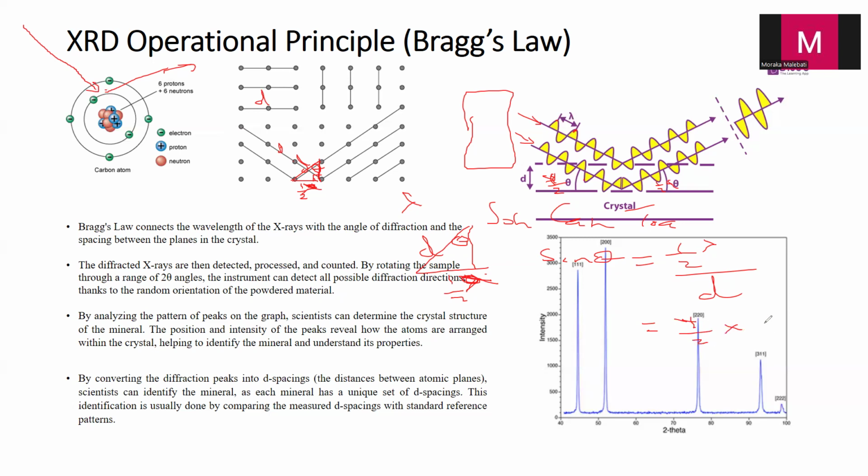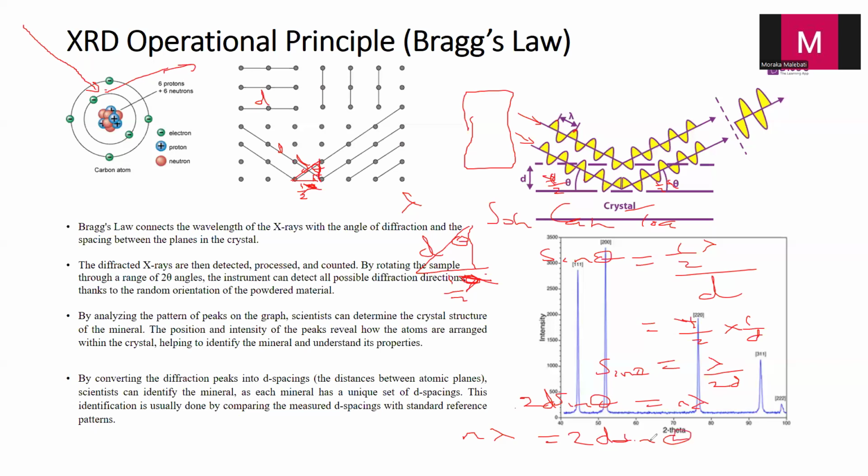If you multiply both sides by 2d, you end up with 2d sine theta equals n lambda. That is why Bragg's formula is in the form of 2d sine theta.